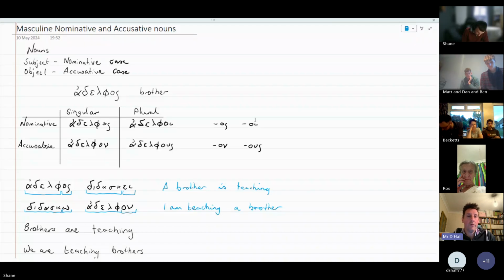We want a plural of adelphos. Then we need to establish whether brothers is the subject of our sentence or the object. In our English sentence, we've got brothers are teaching. Brothers is the subject. They are doing the teaching. So we need brothers in plural, and we're going to use adelphoi.